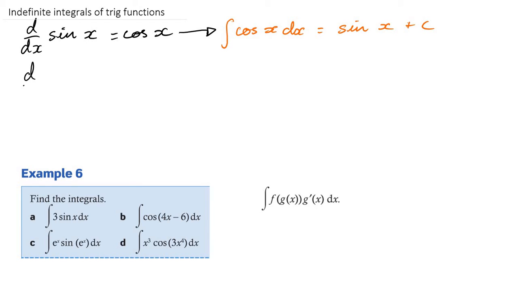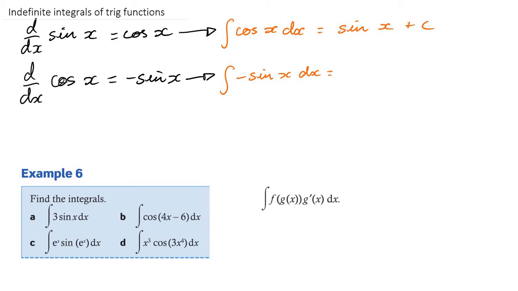We also know that the derivative of cos of x is negative sine of x. And so from that, it follows that the integral of negative sine of x would be cos of x plus c. And therefore, the integral of sine of x would be negative cos of x plus c.